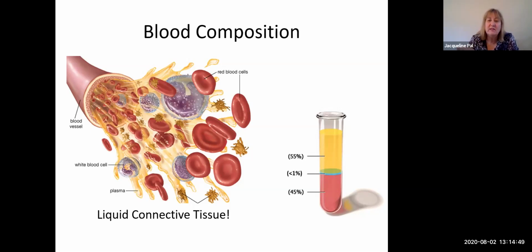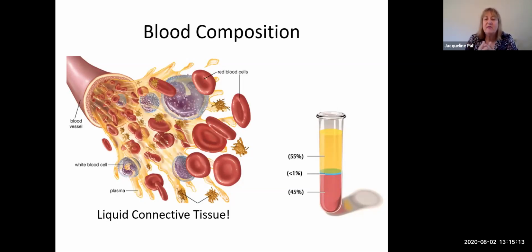And so when we do this with blood, we can look at what the ratio is between the formed cellular heavier elements and then the fluid part. And so we're just going to learn the normal, which is for a 20-something-year-old healthy male. Women, our numbers are slightly different, and obviously children would have slightly different numbers as well.